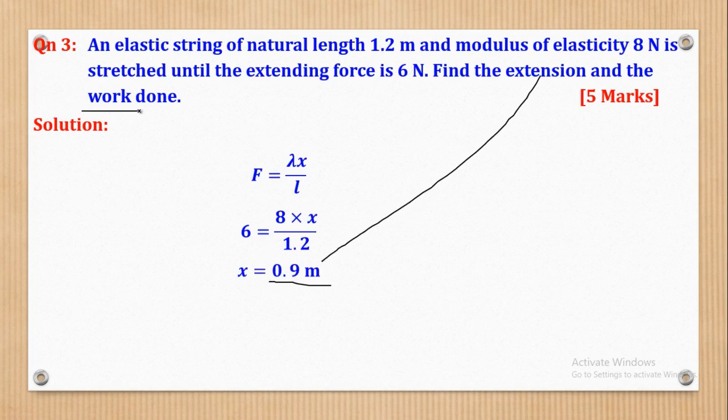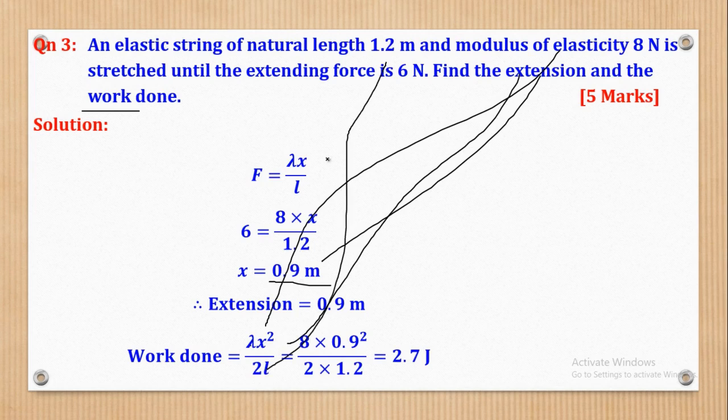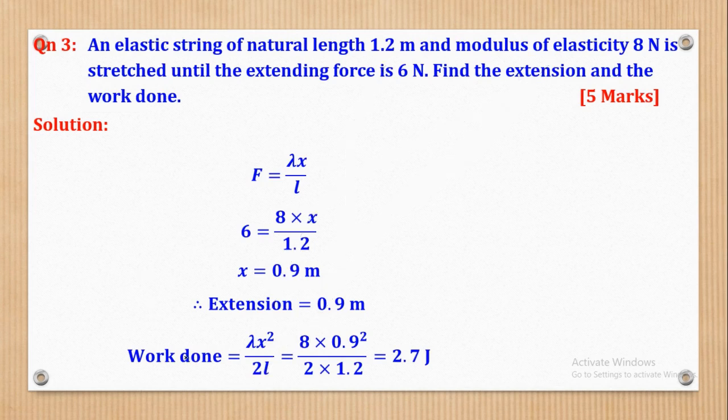Now we need the work done. Work done is given by the formula: modulus of elasticity multiplied by extension squared over 2L, where L is that. So when I substitute, I'll come up with 2.7 joules.